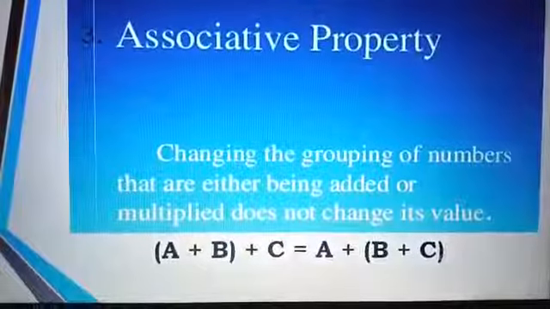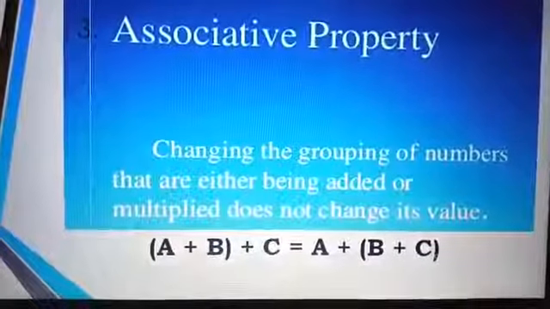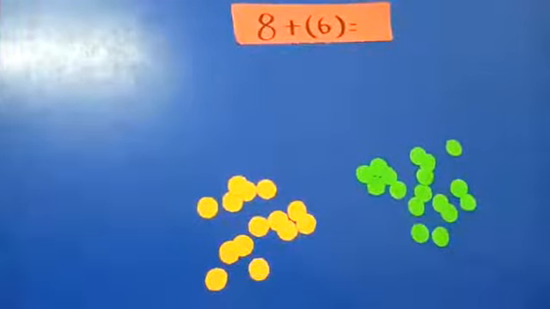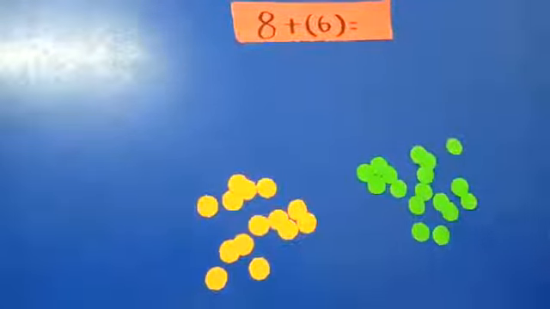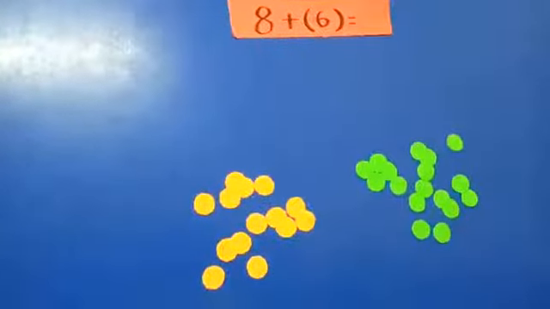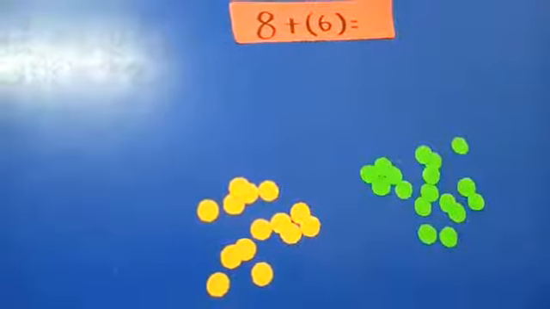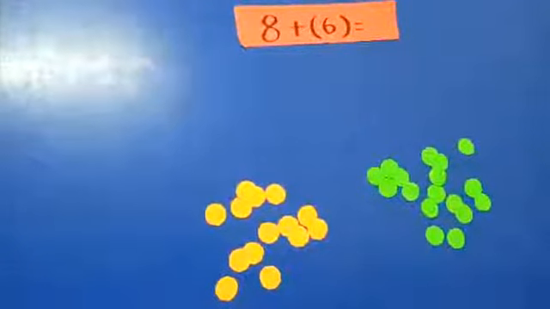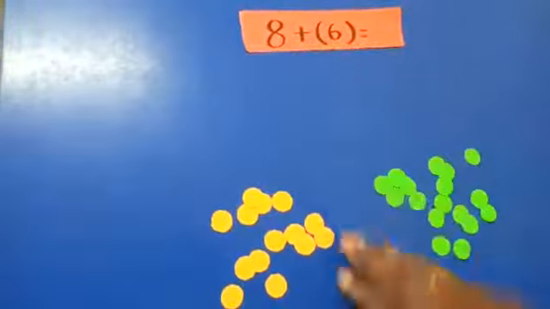Now let me move to the teaching aids, how we add integers. We have seen addition and subtraction of integers in the PPT. Now I am going to show you live how we can add integers. There are two colors of beads, one orange, or rather yellow, and the other green.